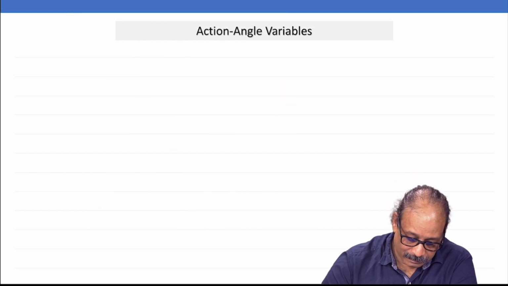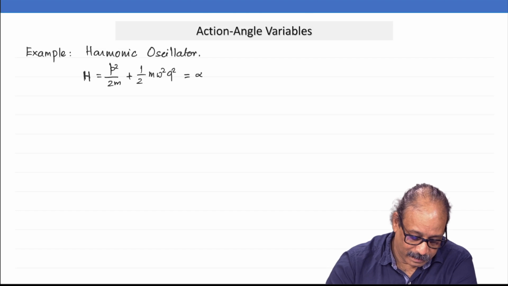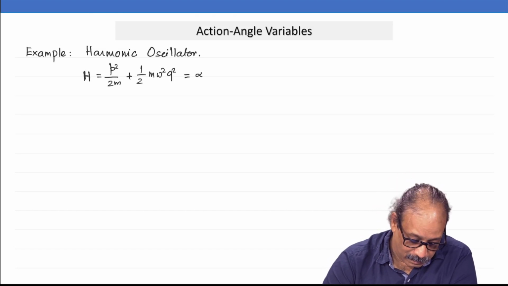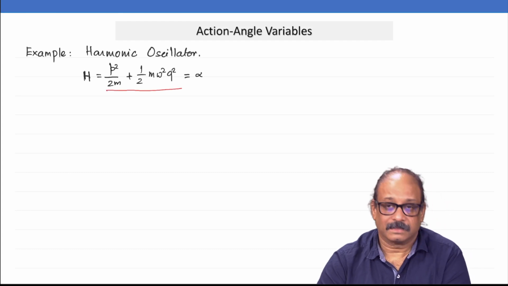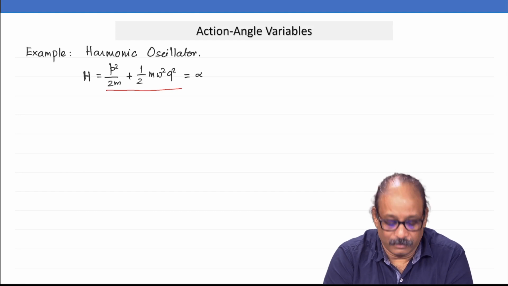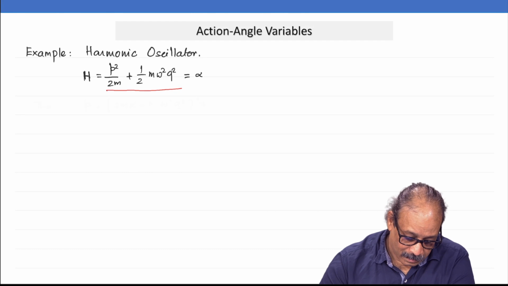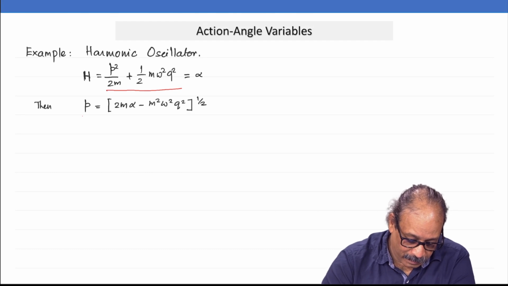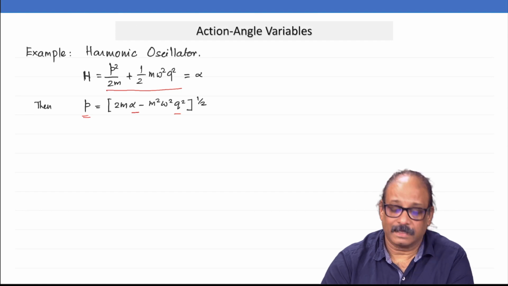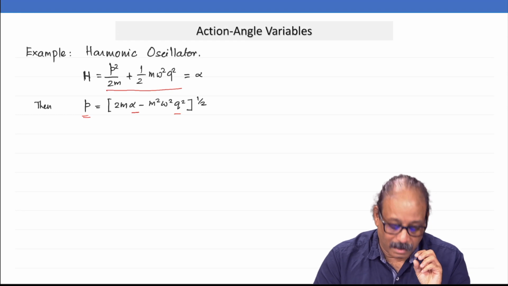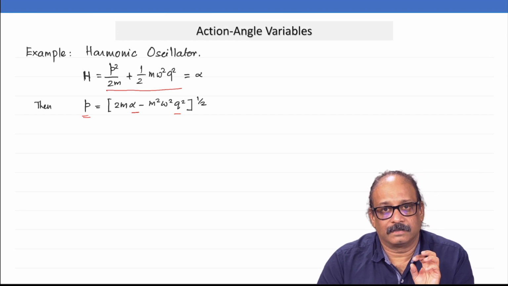Again an example. So, I will take the harmonic oscillator as an example. Your Hamiltonian is p square by 2m plus half m omega square q square, and I will set it equal to alpha. Okay. Now, express p in terms of alpha and q, that is going to be just 2m alpha minus m square omega square q square to the power half.